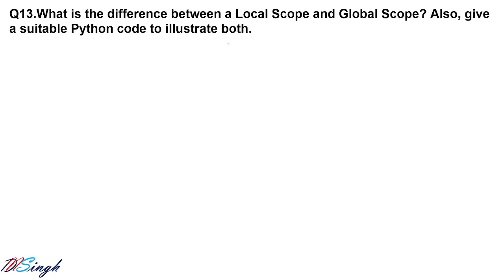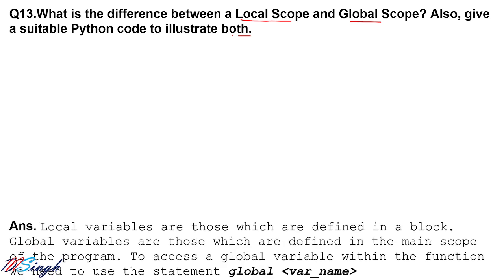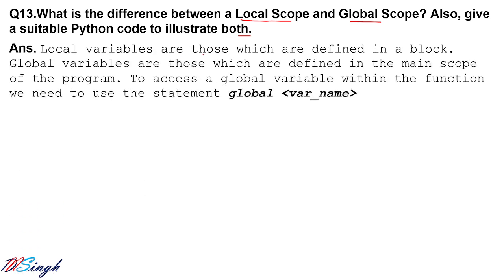What is the difference between local scope and global scope? Also give a suitable Python code to illustrate both. Remember, always provide code to support your argument. Answers of such questions must be written with some code explaining that particular concept. A local variable is one defined in a block.